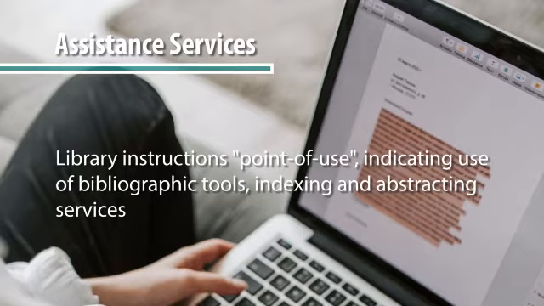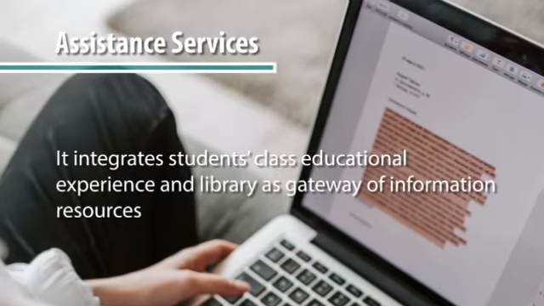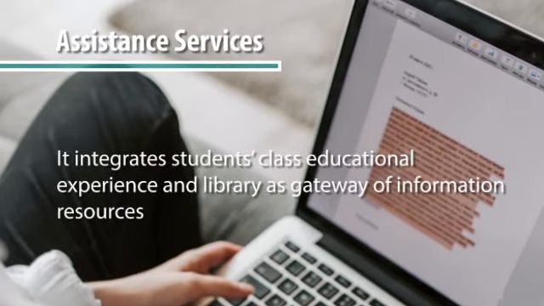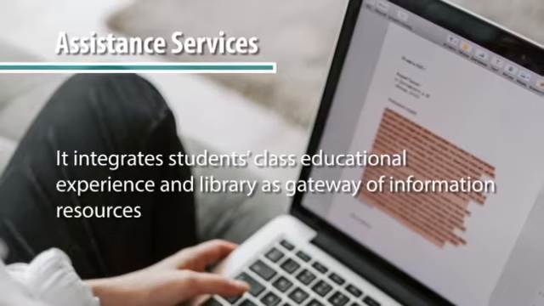Like now internet is available, and there are a lot of things, presentations and other tools being available in the libraries, which can be used as the library instructions. So instructional services help in the class educational experience, and the library becomes a gateway to the information resources for the users.